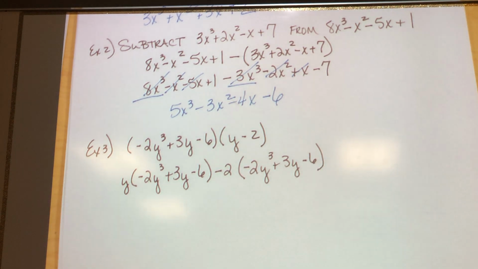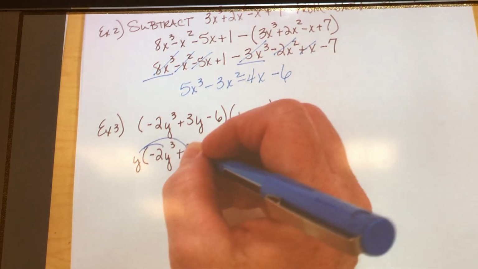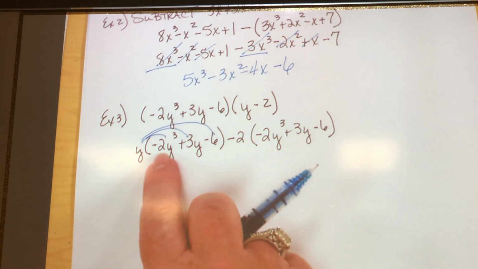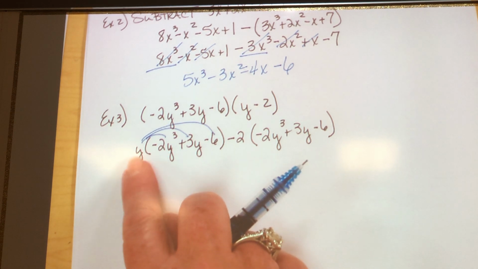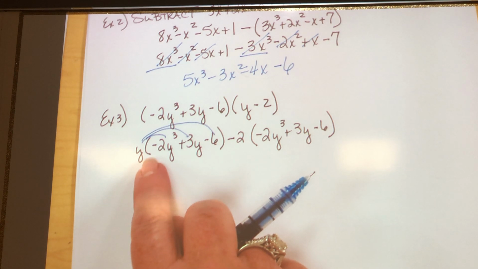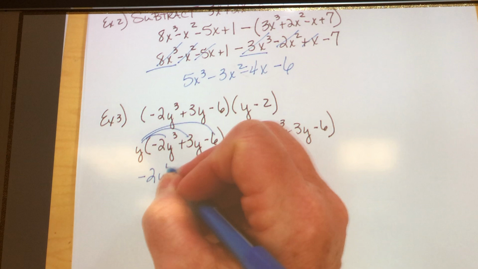Now, if you look at my notes and you pay attention to what I do in class, I always do this because the most common mistake is just to multiply the first term by the y. The next thing my brain says is, hey, all it's going to do is increase the number of y's that everybody has by 1. So this becomes negative 2y to the what? 4th.